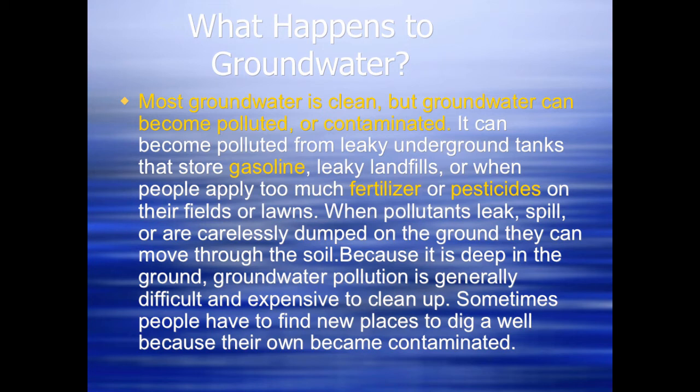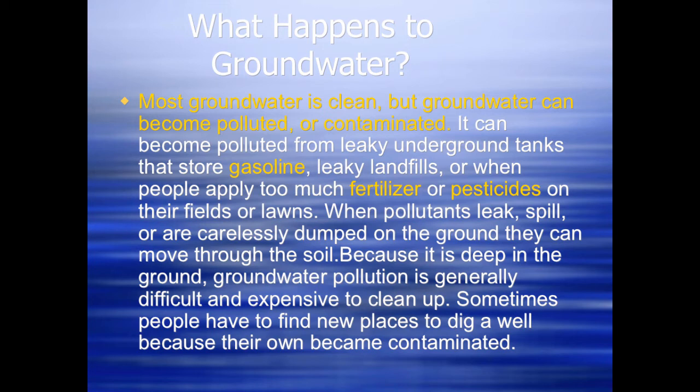When people apply too much fertilizer or pesticide to their yards and they water them, that can be washed down. When pollutants leak, spill, or are carelessly dumped onto the ground, they move through the soil. Because it is deep in the ground, groundwater pollution is generally difficult and very expensive to clean up.